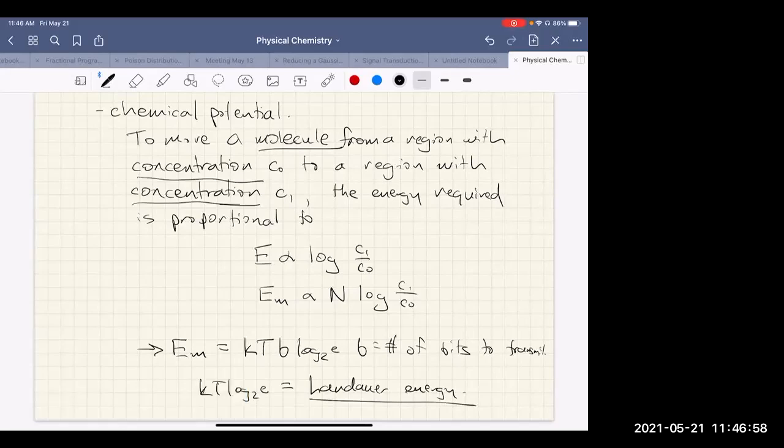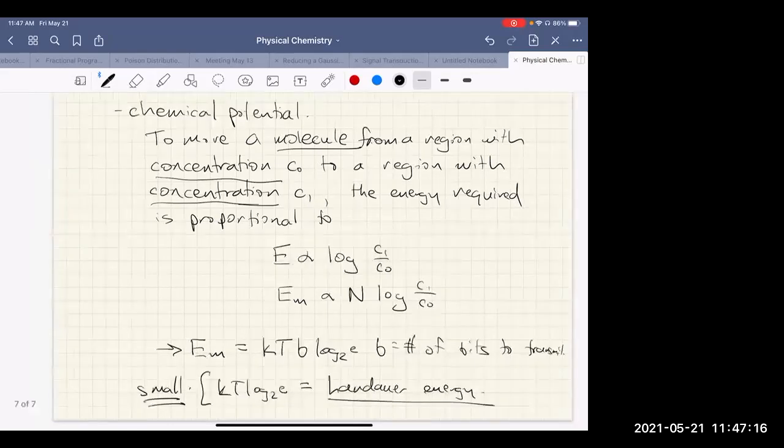Energy per bit. All right, so this is actually a small amount of energy. That's the theoretical minimum amount of energy required for any information processing system per bit. So this is really small.